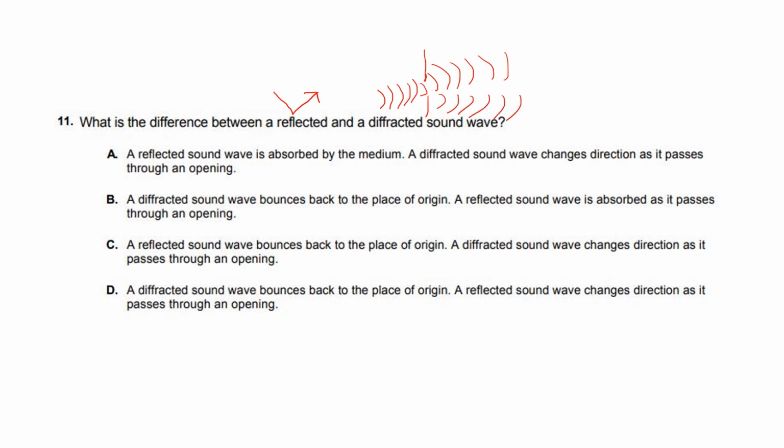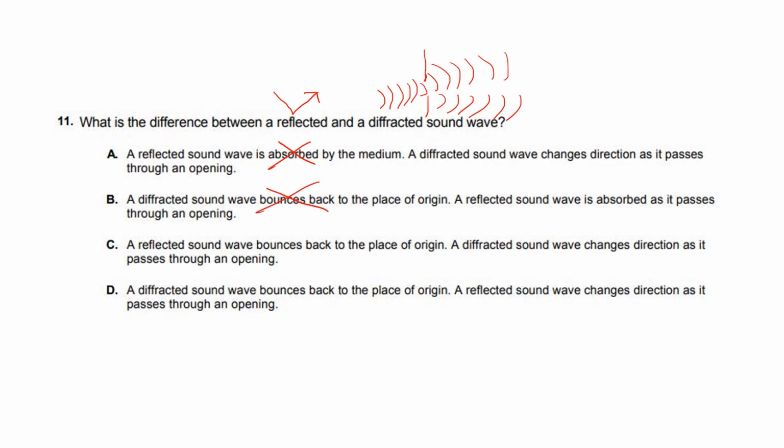A, a reflected sound wave is absorbed by the medium. A diffracted sound wave changes direction as it passes through an opening. So a reflected sound wave is definitely not being absorbed. B, a diffracted sound wave bounces back to the place of origin. That's saying that it's actually being reflected. So it can't be that.